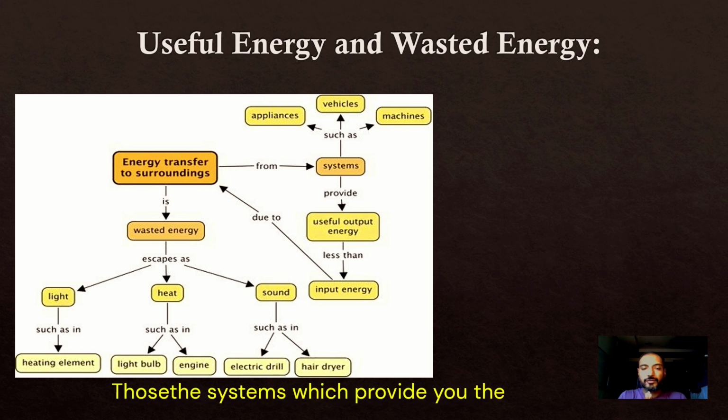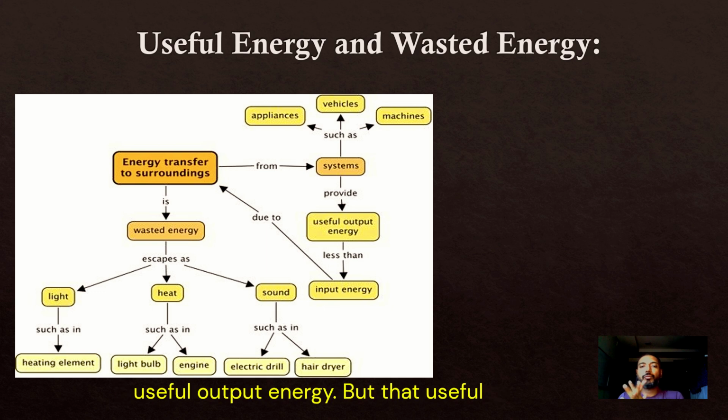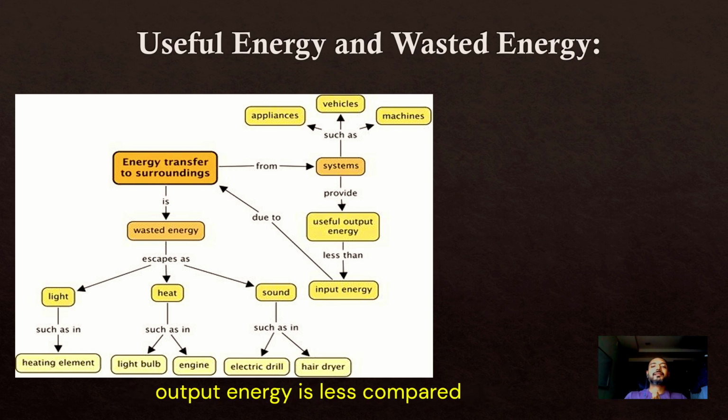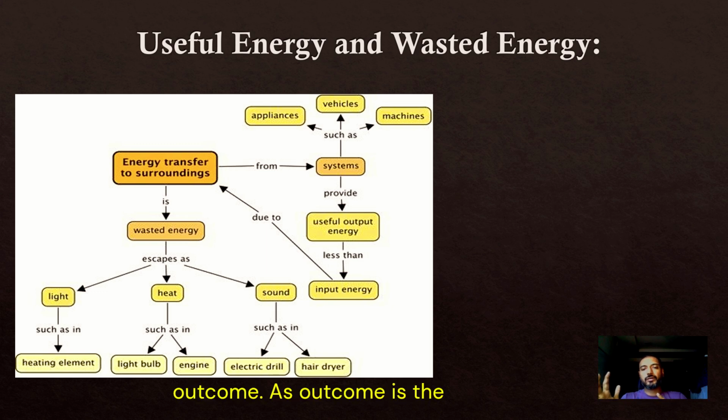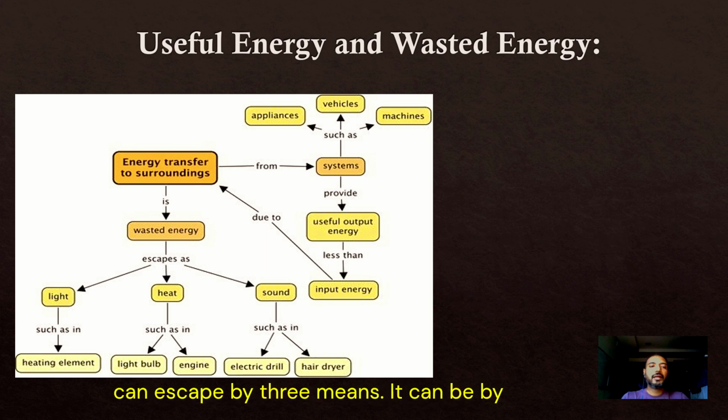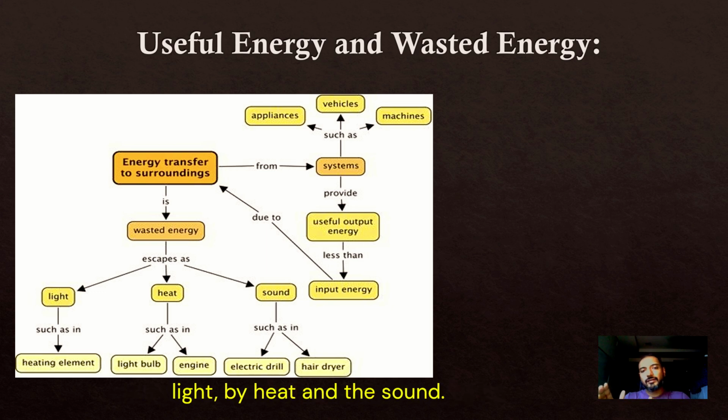Those are systems which provide you useful output energy, but that useful output energy is less compared to the input energy. We have already seen that the electrical energy consumed by the bulb is more than the outcome, as the outcome is the addition of your useful energy plus wasted energy. And wasted energy can escape by three means: light, heat, and sound.